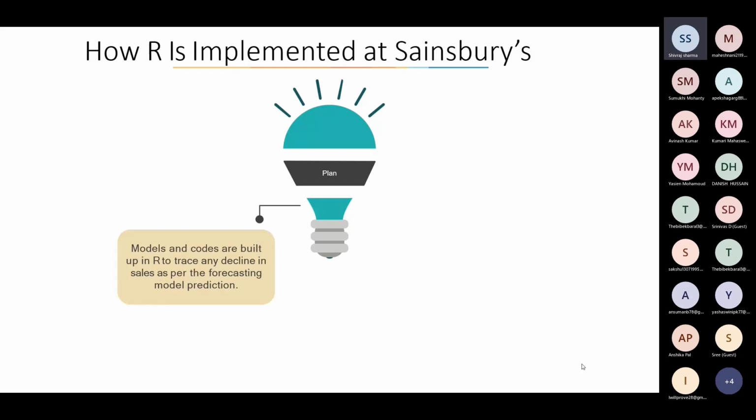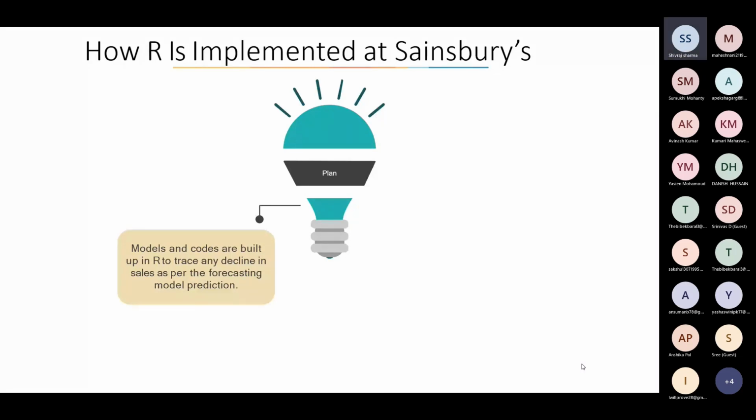Models and code are built in R, because without creating models and code, it is not possible for any language to analyze things. What do those models and code do? They trace any decline in sales as per the forecasting model's predictions, because R is also used in data science to predict things and create forecasting models.